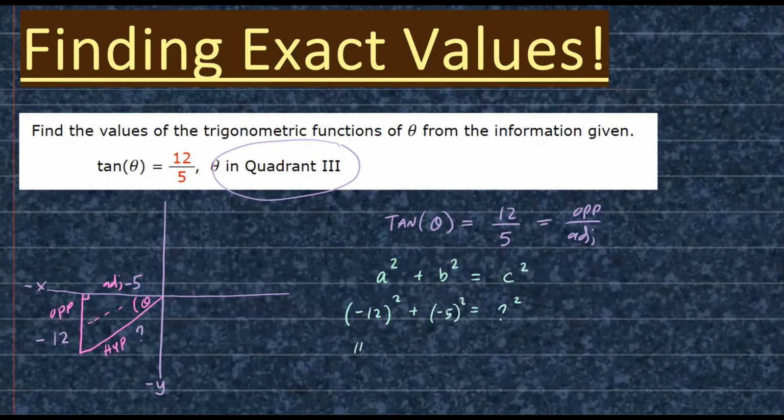Then we get 144 plus 25 is equal to question mark squared. If you add them up, we get 169, which is equal to question mark squared. And finally, question mark will be 13. So there you have it. The question mark we have here is going to be the side 13, and that's always positive.